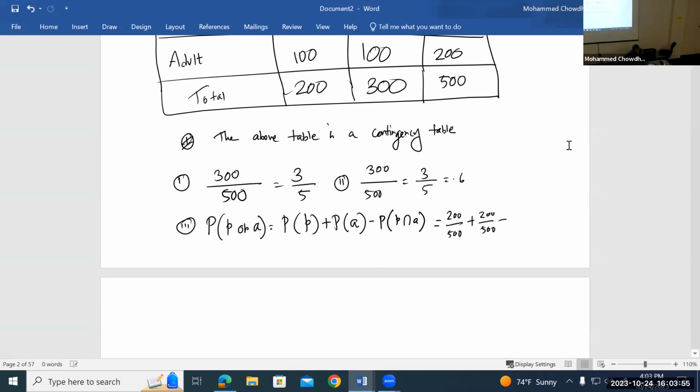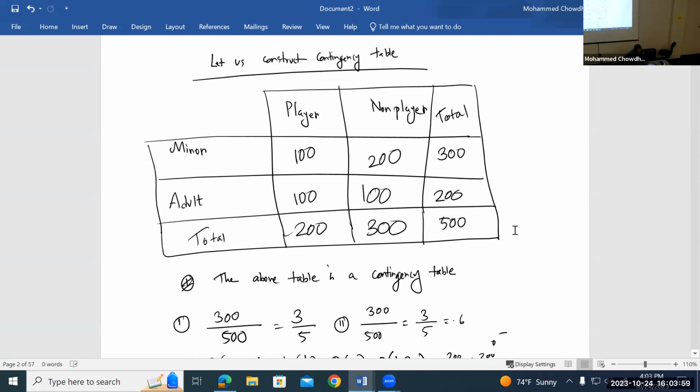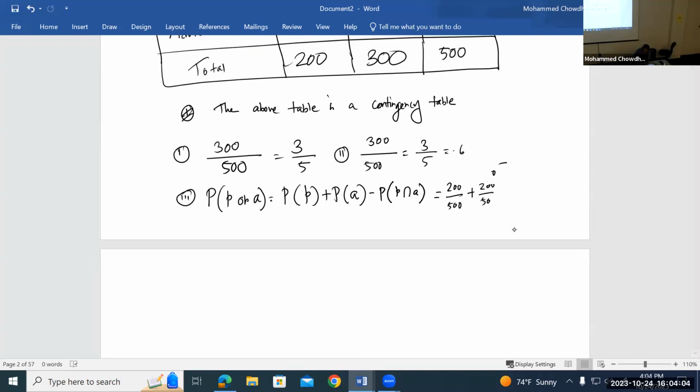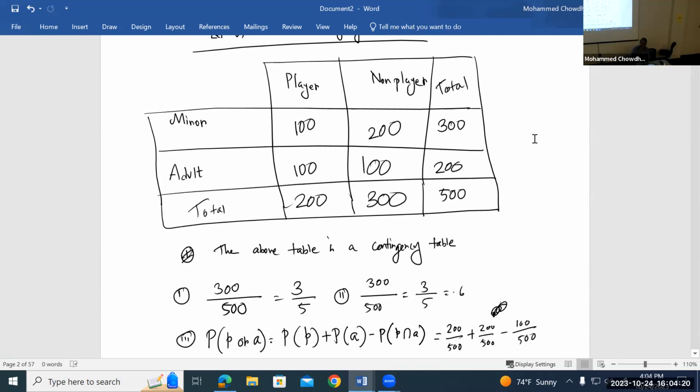And probability of player and adult, 100 over 500. Clear, right? Are you understanding or not? Let me show you the table. That is the table.